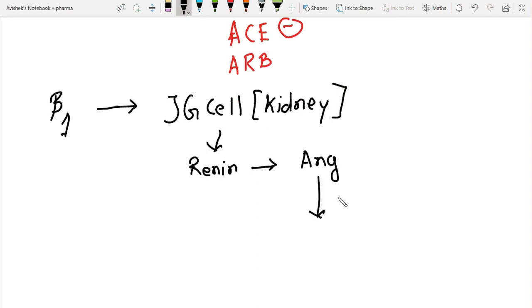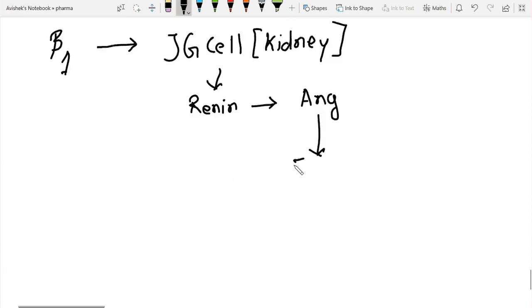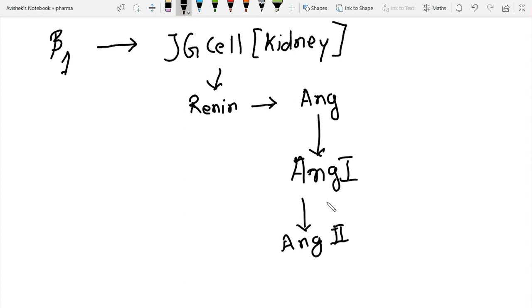Angiotensin will become angiotensin 1, and this angiotensin 1 will convert into angiotensin 2 in the lungs by angiotensin converting enzyme.